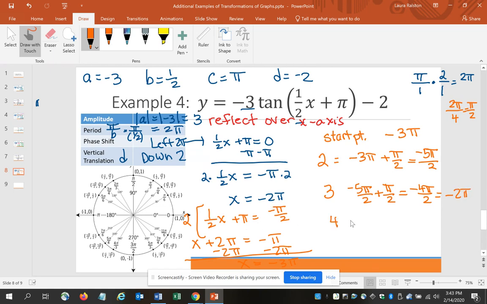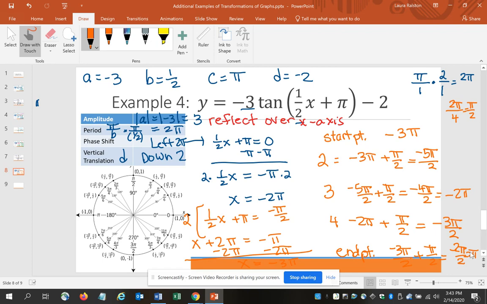My fourth point would be negative 2 pi plus pi halves, which is negative 3 pi halves. And my end point would be negative 3 pi halves plus pi halves is negative 2 pi halves, or negative pi.